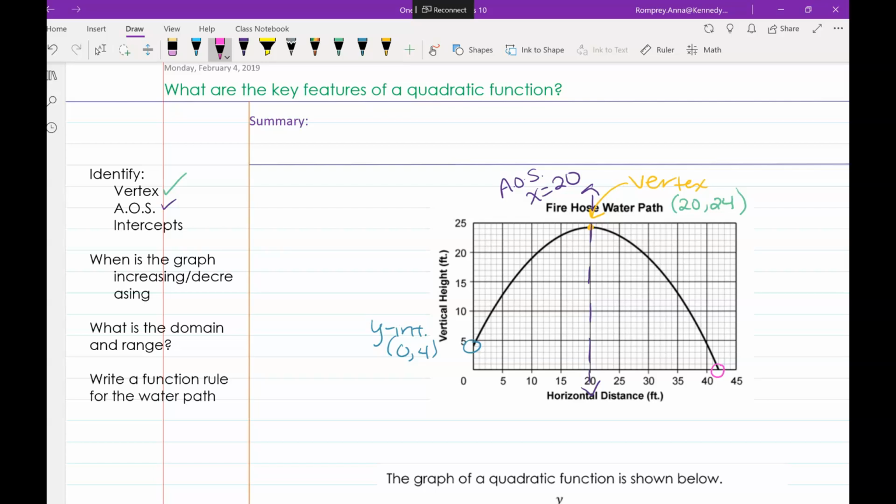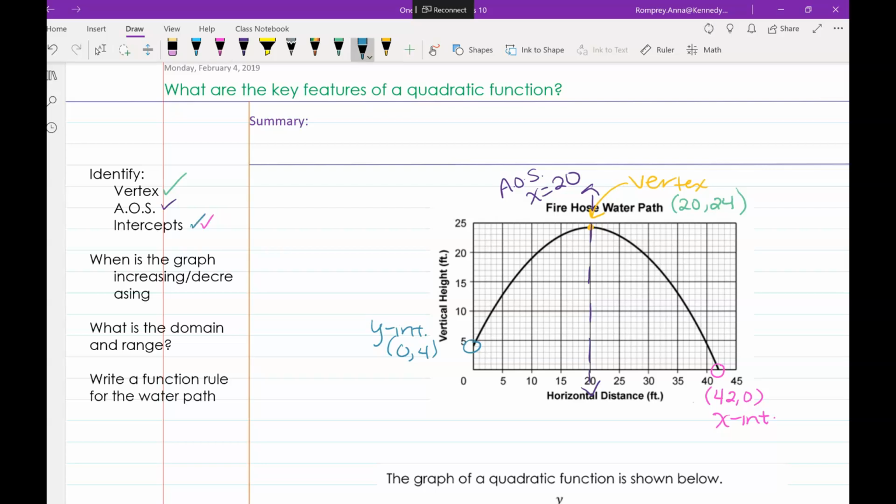Boom. At 42, 0. And this is our x-intercept. Remember, x-intercept can be called x-intercept, root, a zero, a solution. So we got lots of words for that one. All right, so intercepts. Check and check.